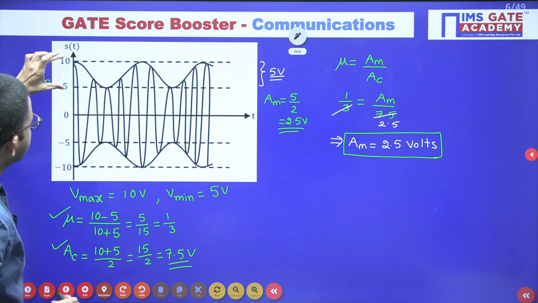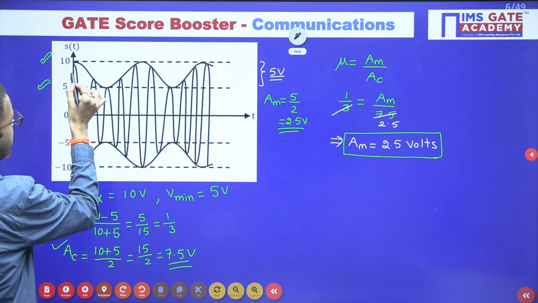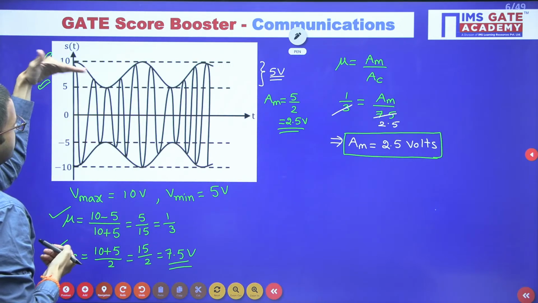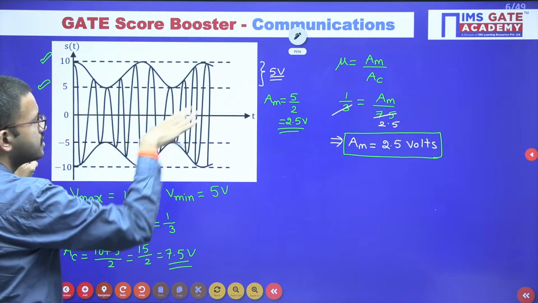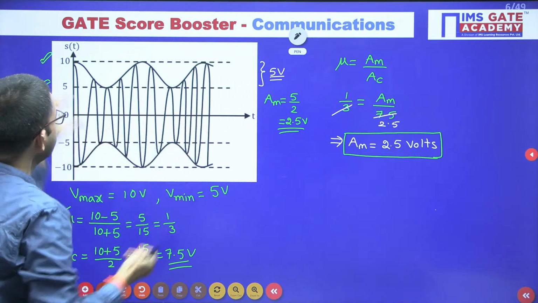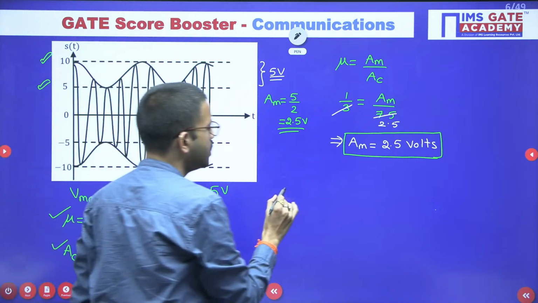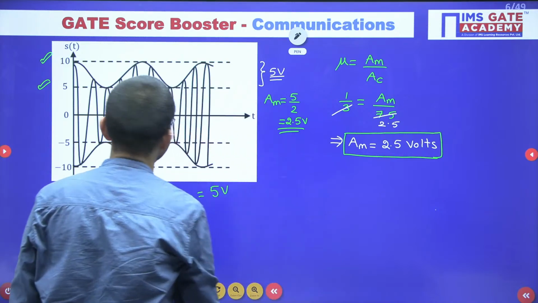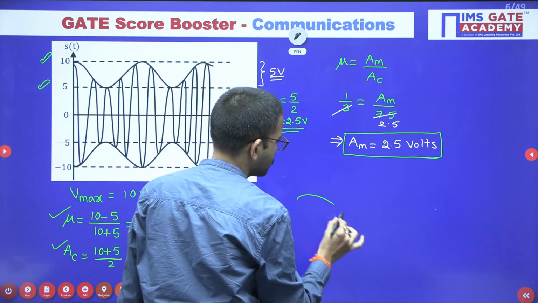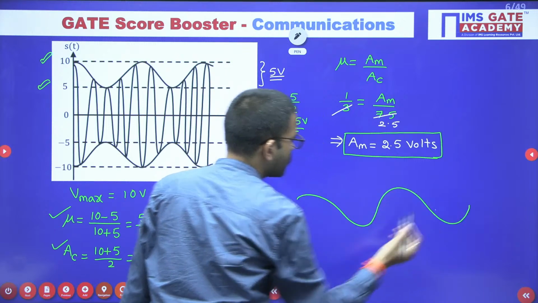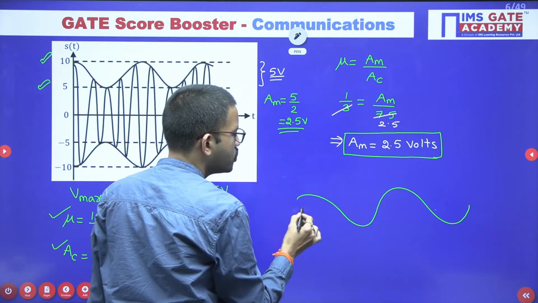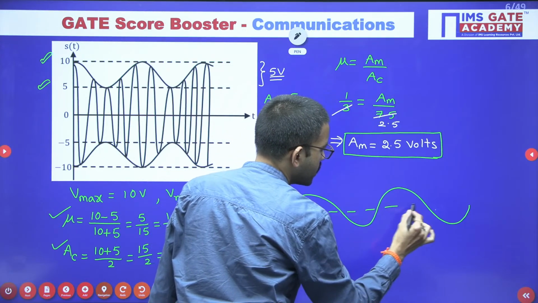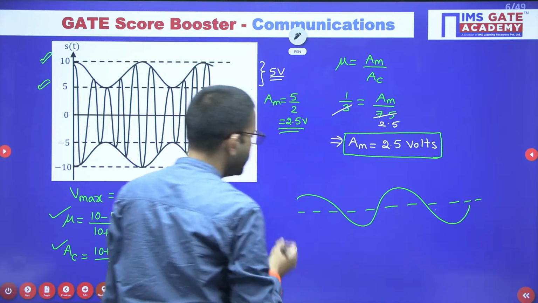So once you have this, the center point is the reference point. Suppose this carrier signal is not there, what message signal would you have?